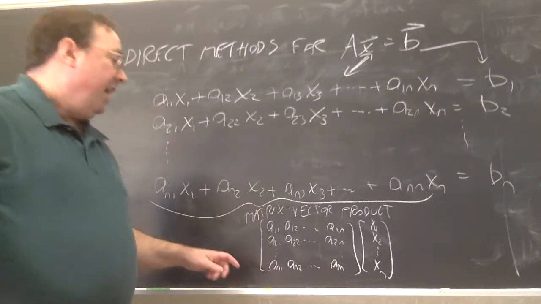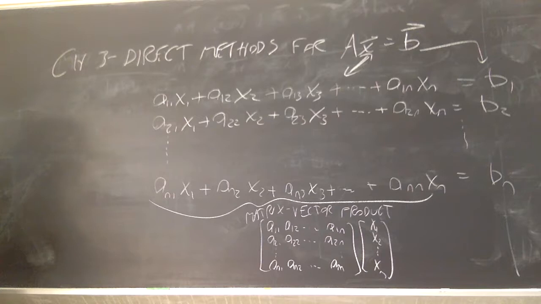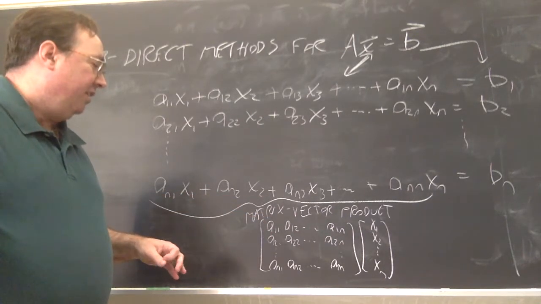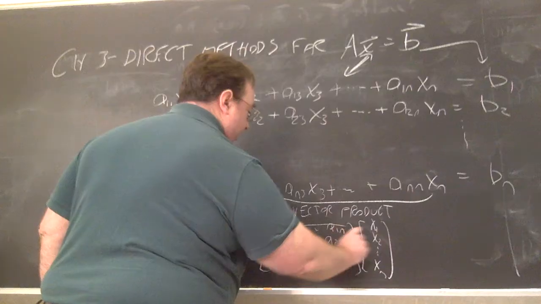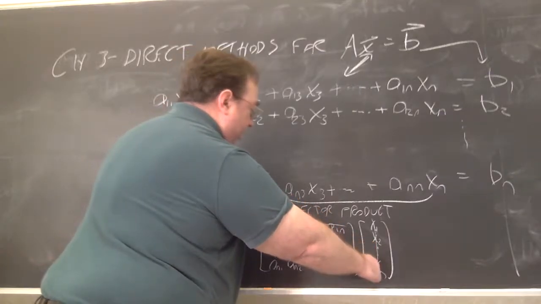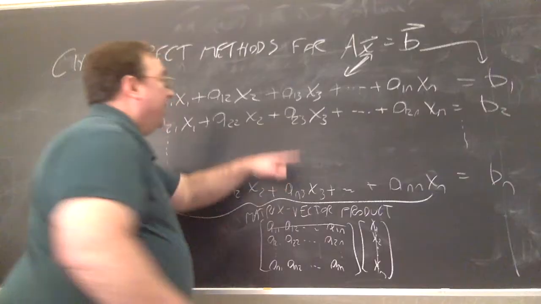Okay. And that is then set equal to the vector b, and that describes your linear system. How this multiplication is carried out, again, it's been a while since you've seen this. You go across this row and down this column, so multiplying a11 x1 plus a12 x2 plus, and so on, all the way down to plus a1n xn, and that gives you everything that's in this first row.